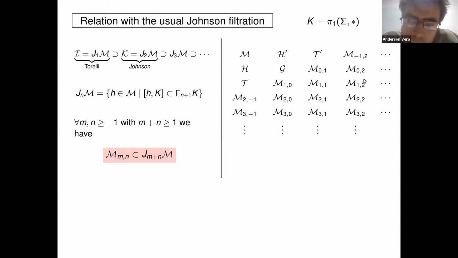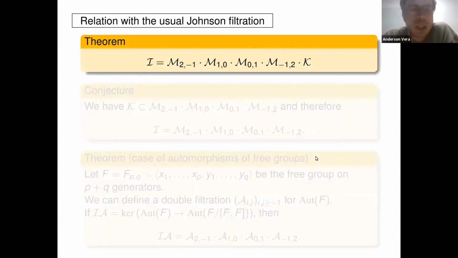All this diagonal is contained in the second term of the Johnson filtration, which is called the Johnson subgroup, and so on. Moreover, we can show that the Torelli group can be written as the product of the 4 terms in the first diagonal, but we need to add the second term of the Johnson filtration. But we conjecture, in fact, that this group is contained in this product of groups. Therefore, we will have a decomposition of the Torelli group as the product of 4 groups.